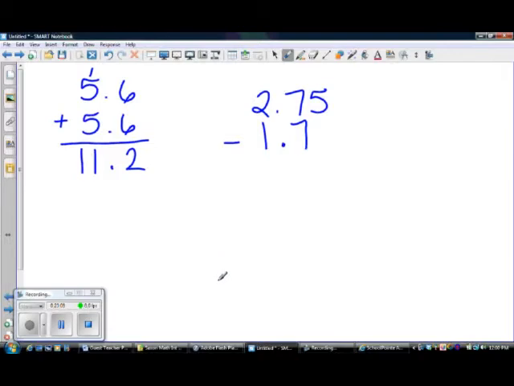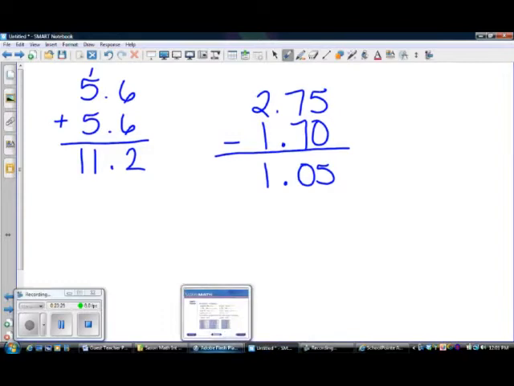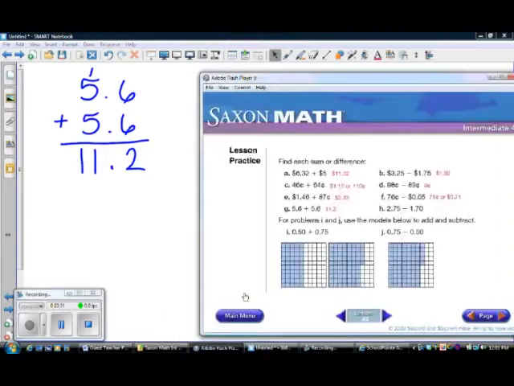And if that happens to you in the future, go ahead and put in the 0 for the placeholder so that you can do the problem, okay? 5 minus 0, 5. 7 minus 7, 0. 2 minus 1, 1. Now, final answer for this one would be read, 1 and 5/100 because it's in the hundredths place, remember, with a TH.